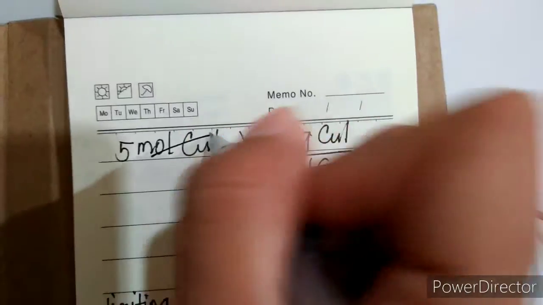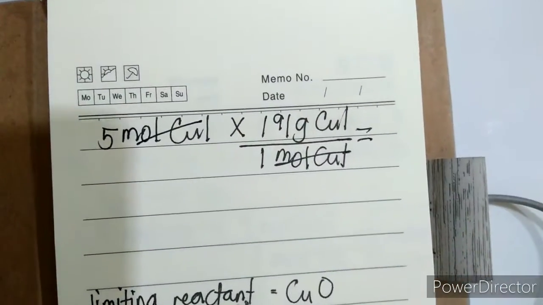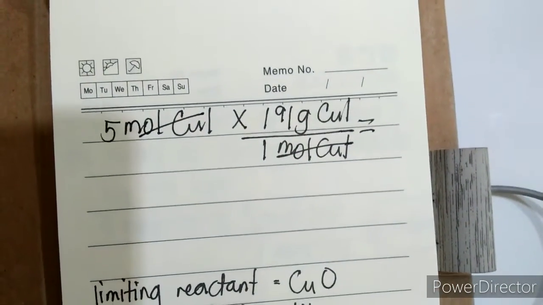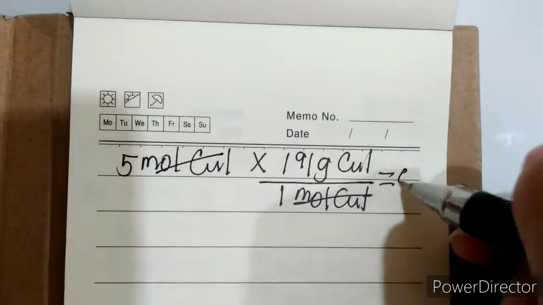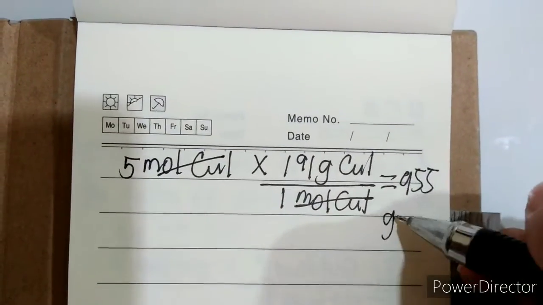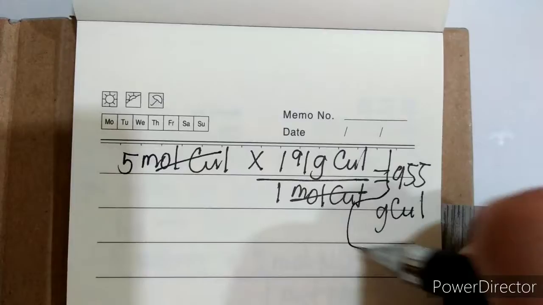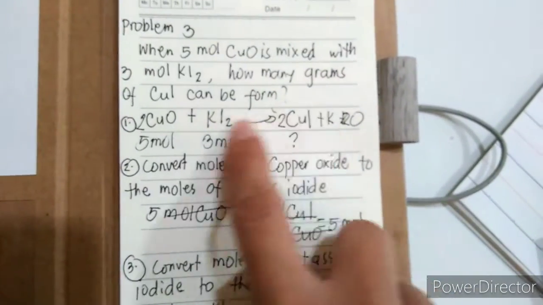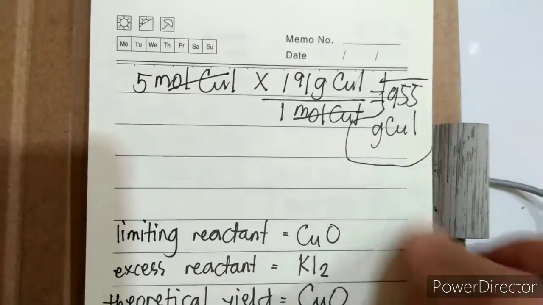So let's cancel this out. So 5 times 191 grams CuI divided by 1 is equal to 955 grams of CuI. So it is all. So the grams of CuI that can be formed is 955.